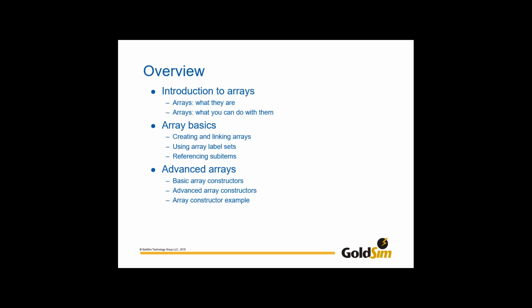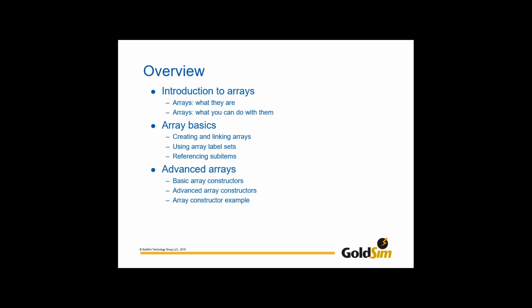Then we'll go into some array basics, some of which we will have already talked about, but we'll touch on other things I may not have mentioned yet. Then we'll move into the last section, which is advanced arrays.